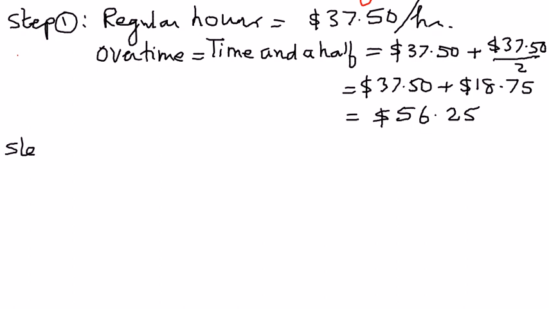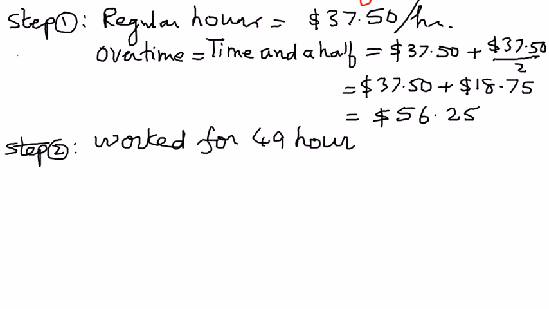Now, as step 2, we're going to apply this to the number of hours we worked. We worked for 49 hours. And how do we process this information?